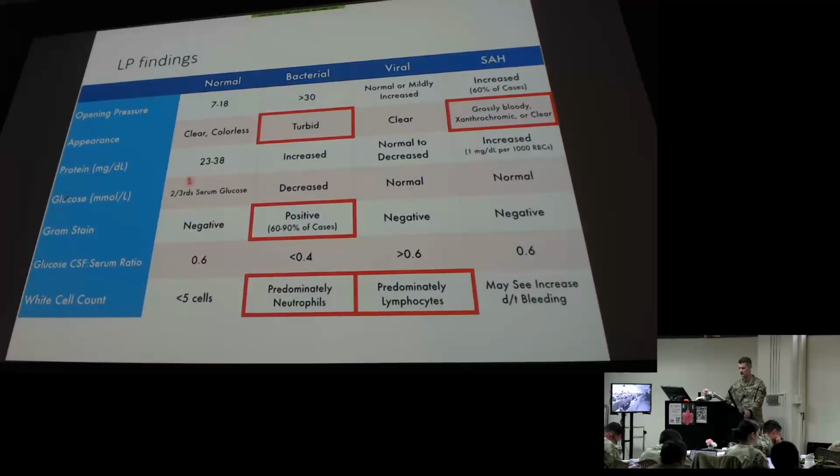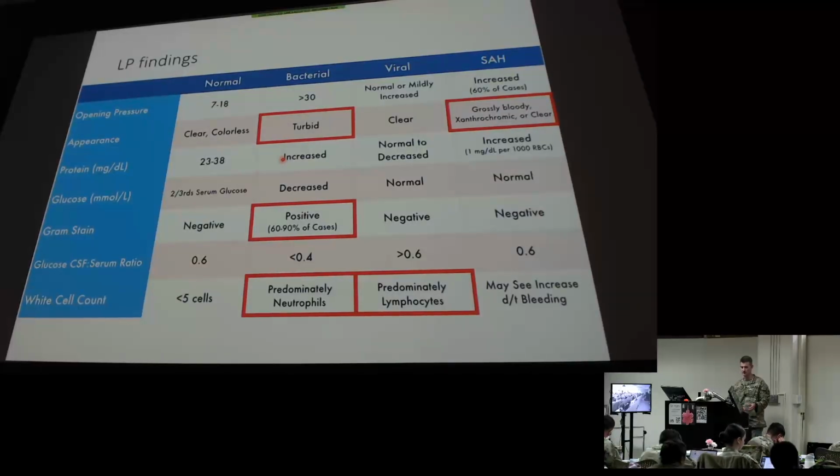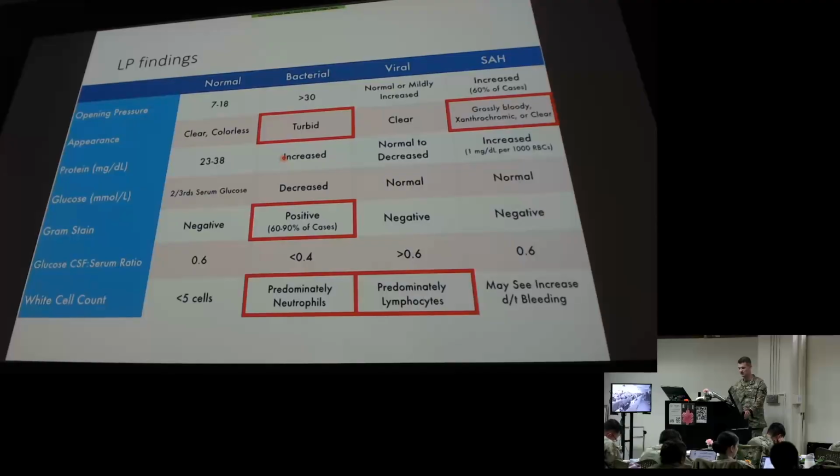We check the protein and the glucose. Sometimes that can be increased, sometimes decreased. If I see decreased glucose, that's almost always bacterial, because the bacteria is eating the glucose that's naturally existing in there. Everything else doesn't really consume that. Protein can be increased or decreased depending upon what's going on. With bacterial, I got a ton of crap that the bacteria is letting off that can cause it to be increased.